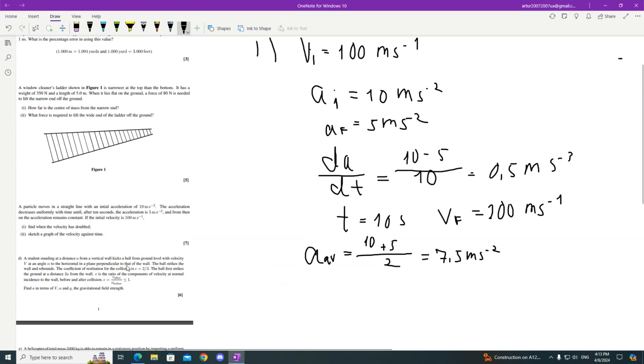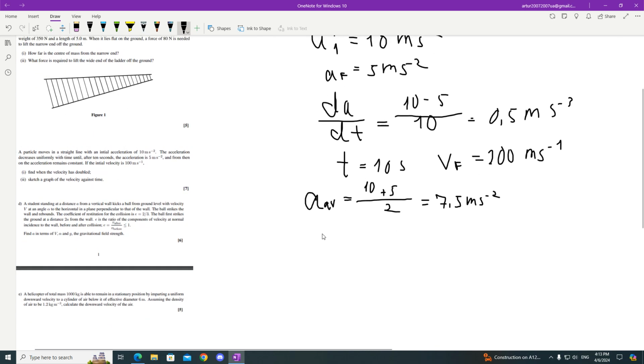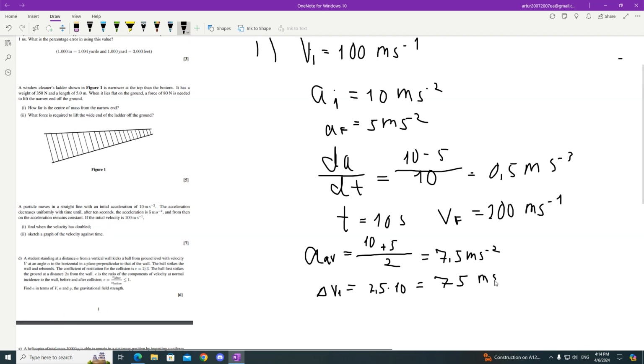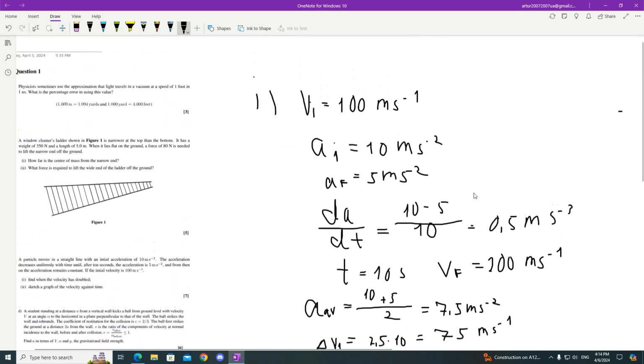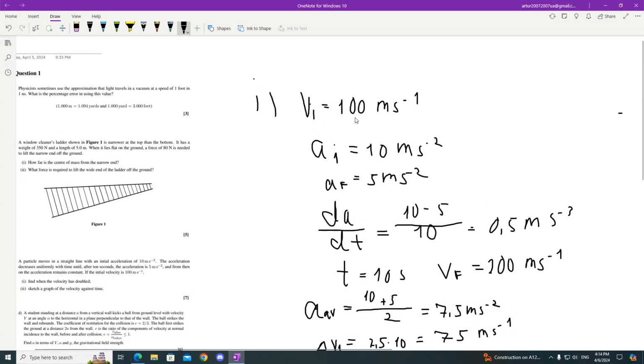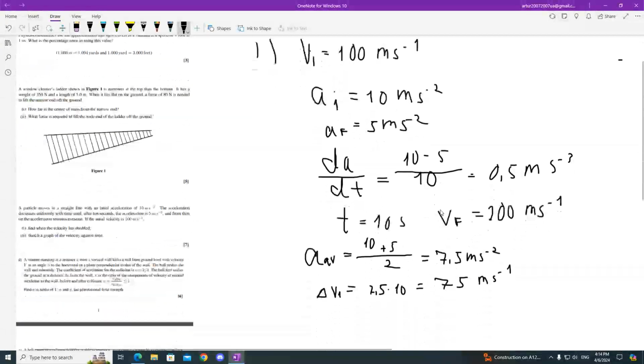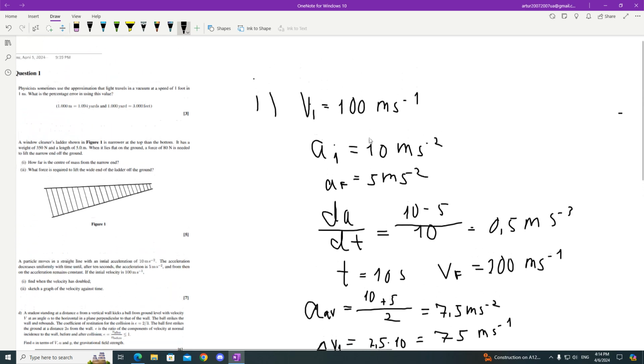So we can find the change in velocity during the period of 10 seconds when acceleration changes. Delta V1 is 7.5 multiplied by 10, equal to 75 meters per second. So 75 plus 100 is still less than 200, so after 10 seconds speed is still not 200.